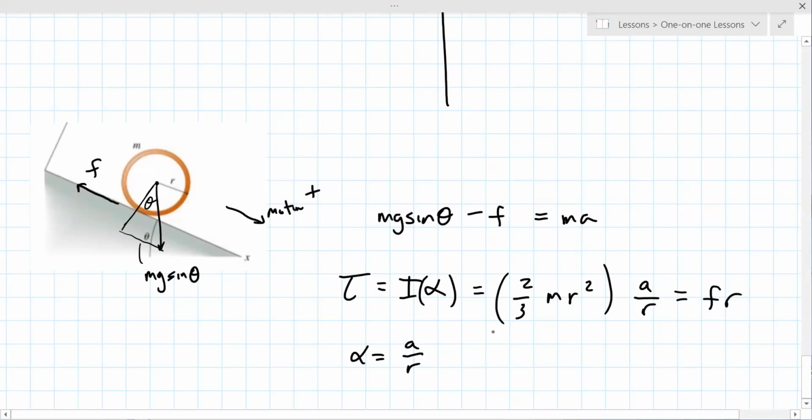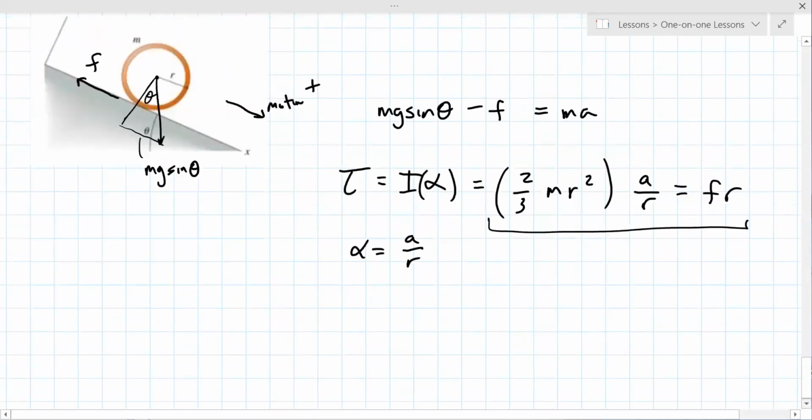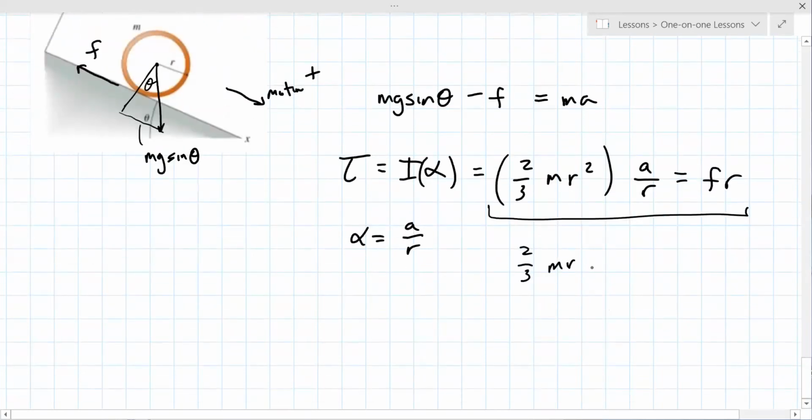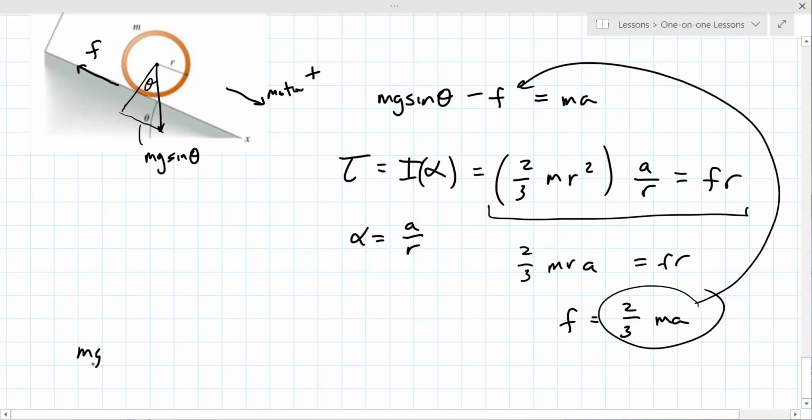So in this equation right here, you can see that a lot of things cancel. This r squared cancels with this r. So you get 2/3 m r a equals F r, and the r's cancel, so you get F equals 2/3 m a. So this goes into the equation here. We have mg sine theta minus 2/3 m a equals m a, and we're solving for a.